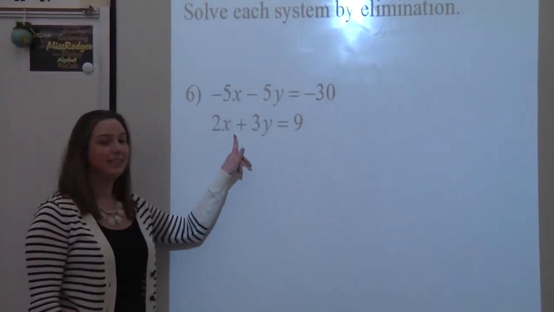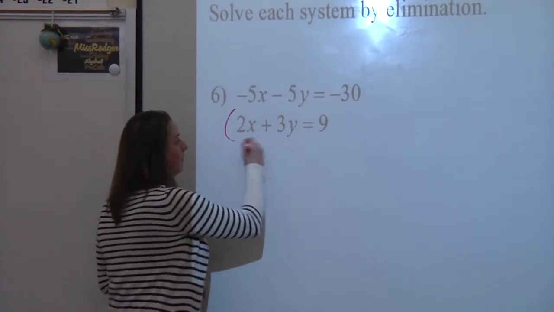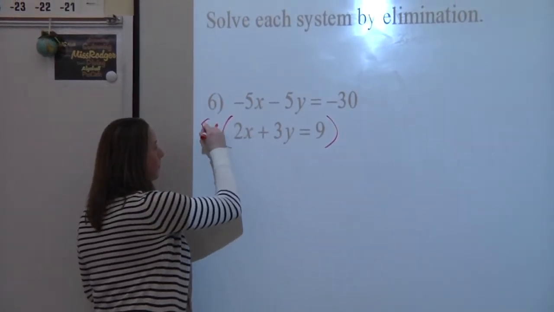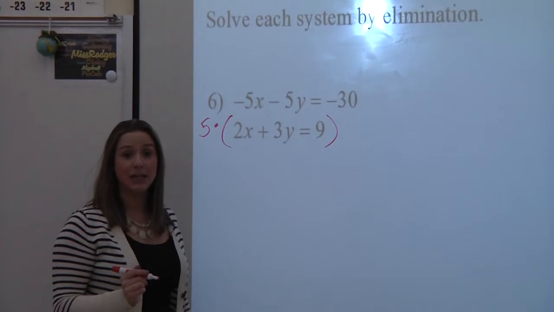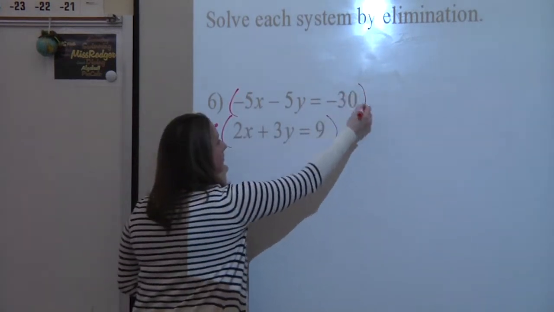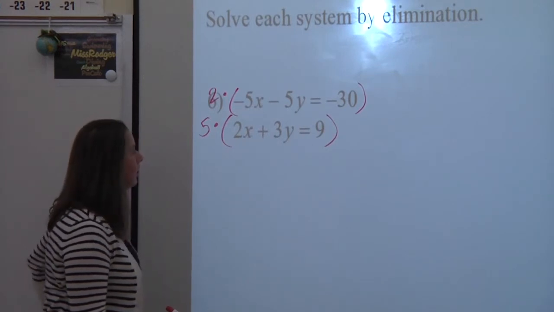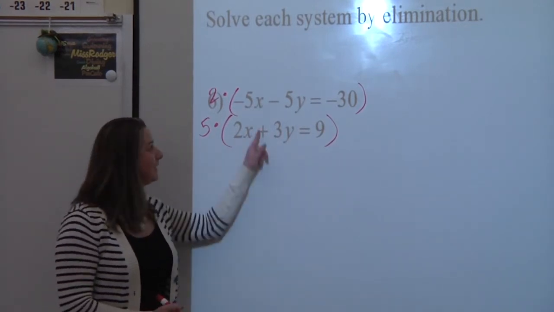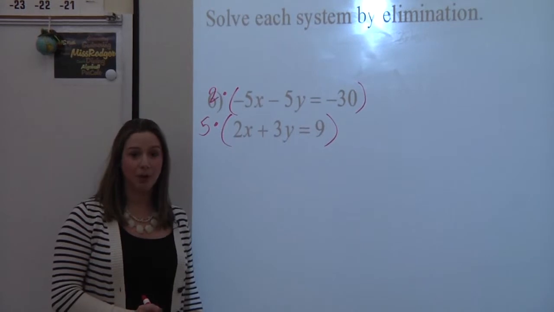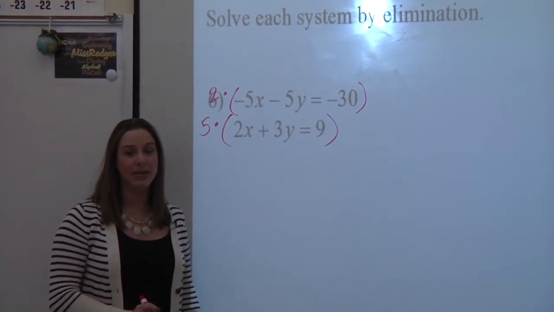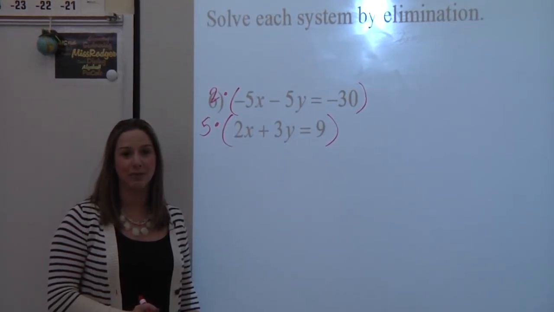I'm going to multiply the second equation by 5 and the first equation by 2. What I foresee happening is getting a negative 10x and a positive 10x, which will eliminate and break us down to the first type of problem.